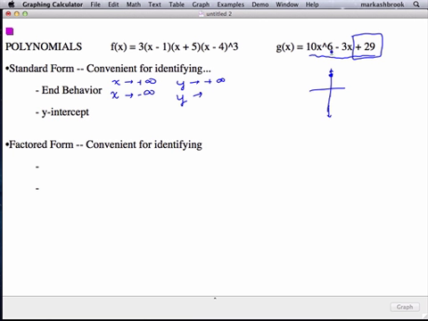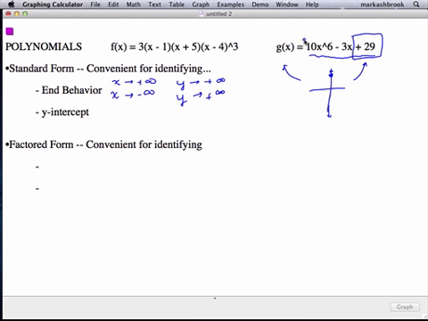No, it's an even exponent. So you're going to multiply a negative number together an even number of times, you'll get positive. So the end behavior of this one is, whether you go to negative infinity or positive infinity, the y value will go to positive infinity.